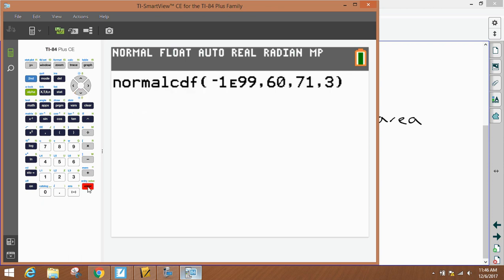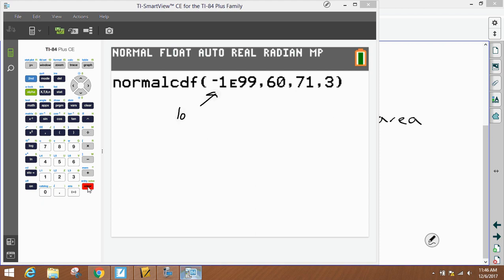If you have a TI-83, when you hit the command normal CDF, it just brings up normal CDF and the parentheses. What you need to do is actually type in lower, and you can put negative 10 to the 99th power there.